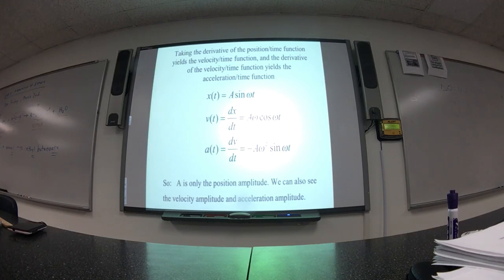Is everybody okay with the A omega term that comes in front? Yeah, because that's like a velocity, so it makes sense you end up with a velocity. That is true, but it also comes just from the derivative because we have to do the chain rule. I have to multiply by the inside, which is an omega.